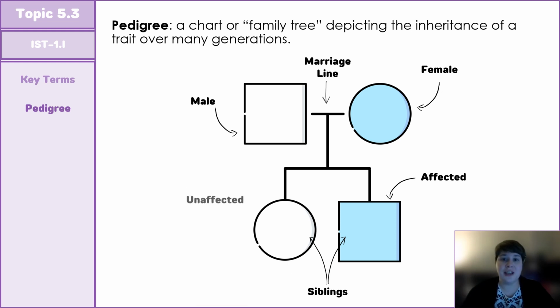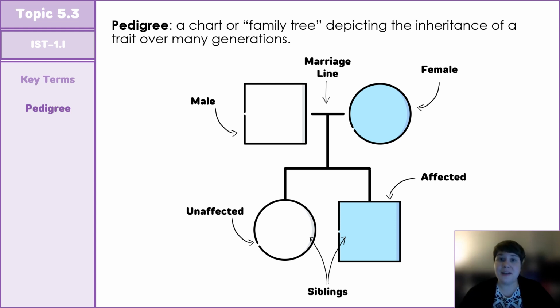If we don't shade in a shape, that means that that individual is unaffected or they don't display the trait that we're looking for. Now, for cases where traits are carried on recessive alleles, that may mean that an individual is a carrier, and that will be something for you guys to figure out. Think of these like puzzles.